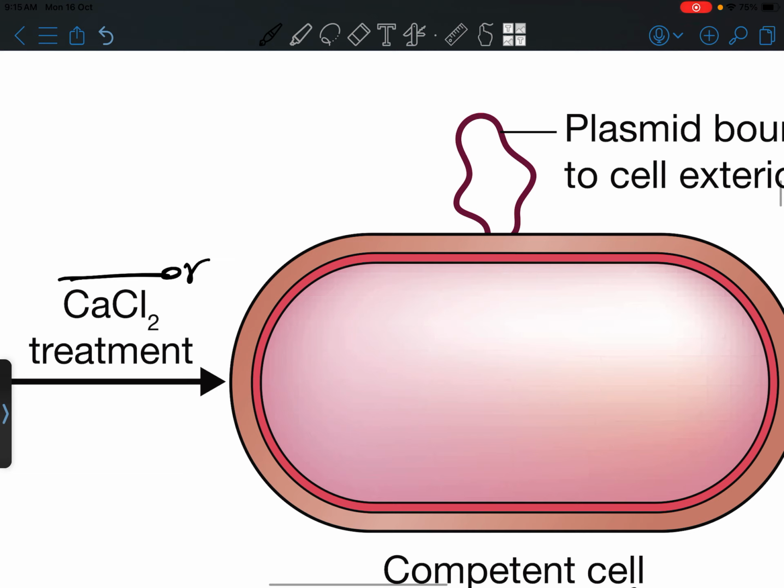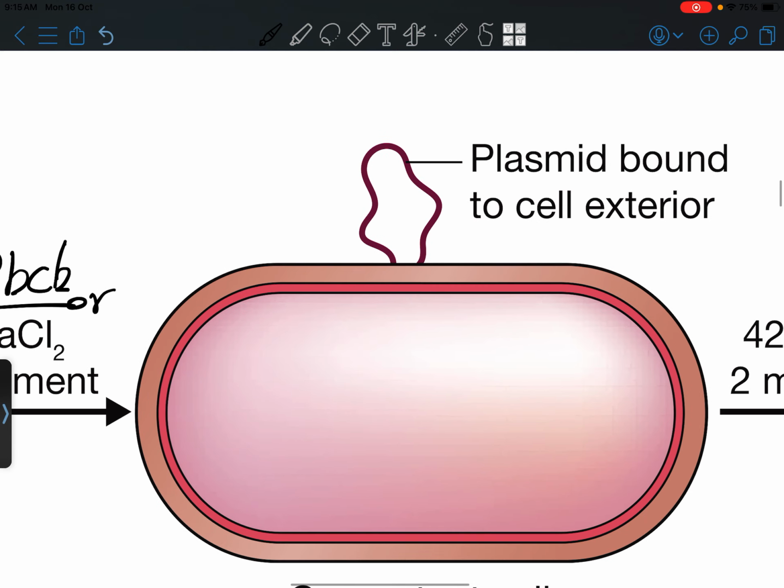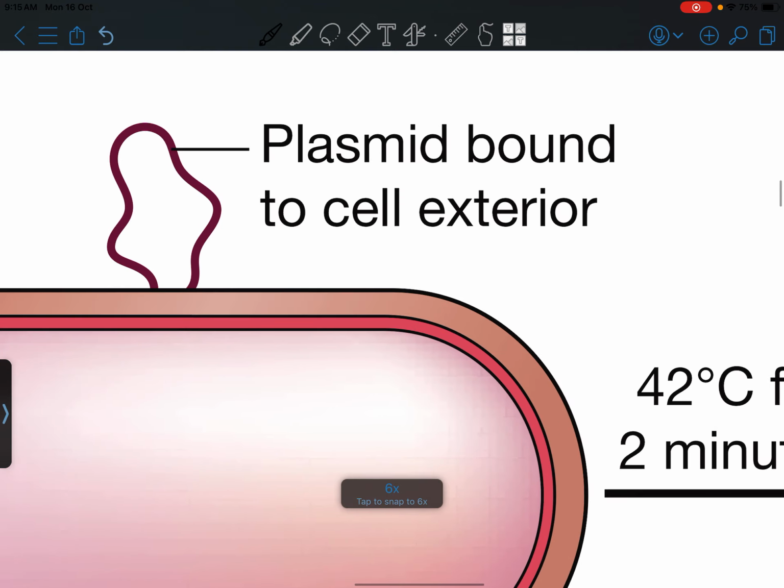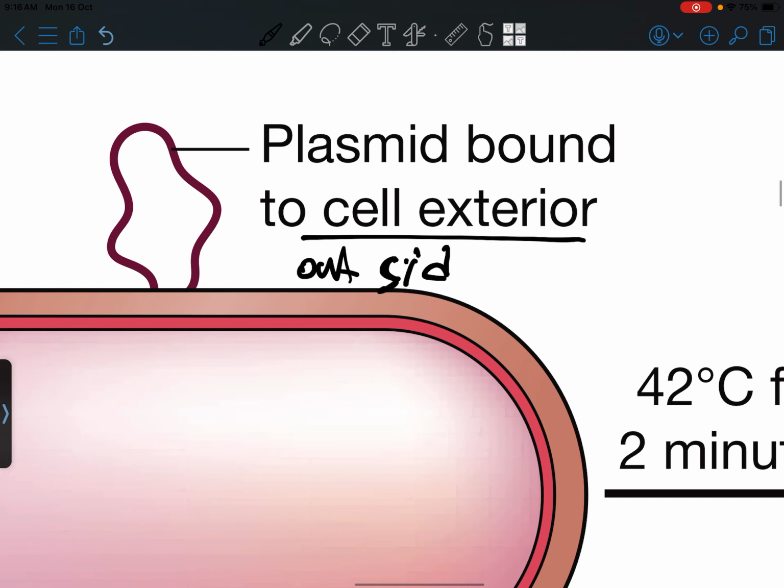Now, you take your recombinant plasmid and mix it with this competent bacteria in one test tube, and then the plasmid will stick to the cell wall or to the outside of the bacteria like this. So this is the plasmid. Now the plasmid is still outside the bacteria.